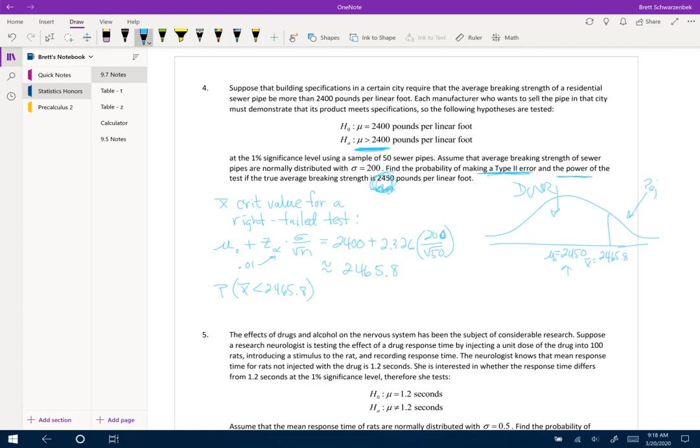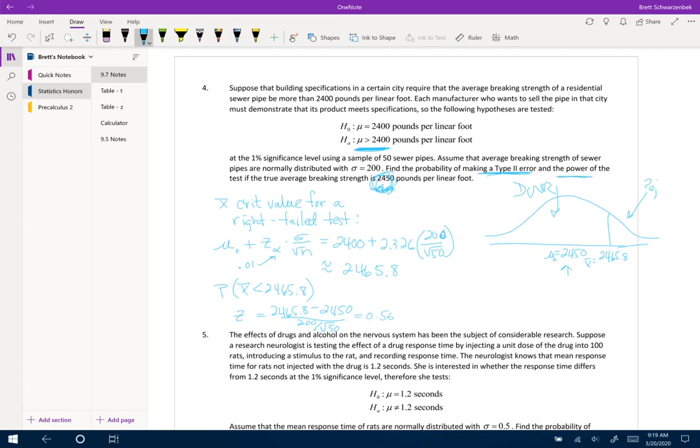So what do we do? Well, we have to standardize, right? So our typical calculations are, let's get our Z value. Our Z value is going to be 2465.8 minus our 2450, our new alternate mean, divided by our 200 divided by root 50. This is going to give us a Z-score of 0.56.